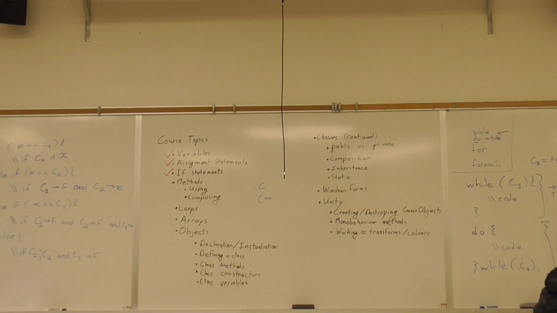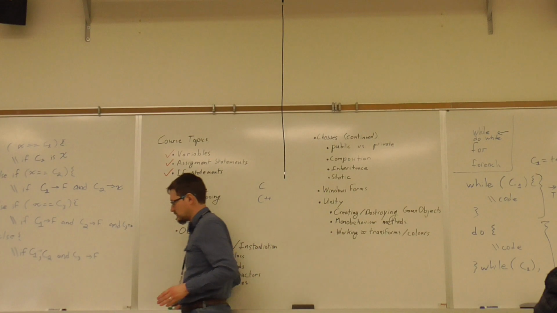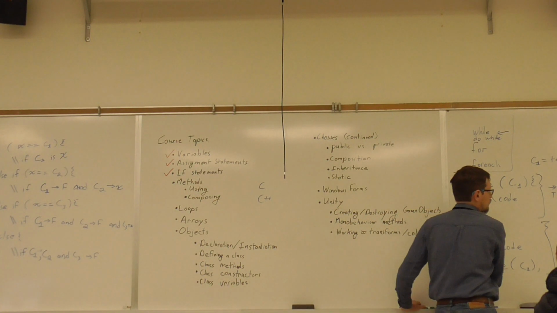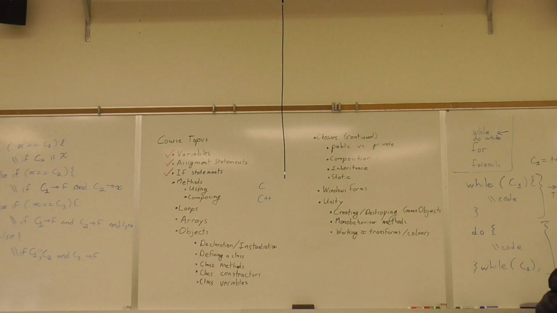The only difference is we have this initializer, which is always executed before the condition is tested the first time it's tested, and we have an update which is always executed after the body of the code in the loop is executed.